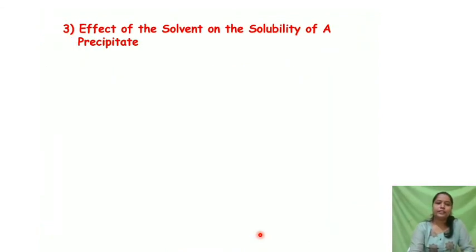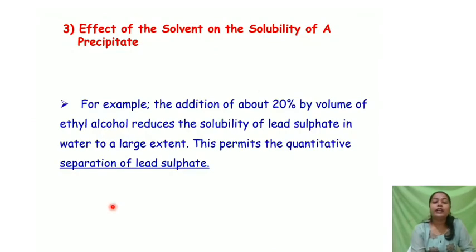Okay, for example, the addition of about 20% by volume of ethyl alcohol reduces the solubility of lead sulfate in water to a large extent. Okay, lead sulfate is an inorganic salt. So in order to reduce the solubility of lead sulfate, 20% by volume of ethyl alcohol, that is an organic solvent, is added.